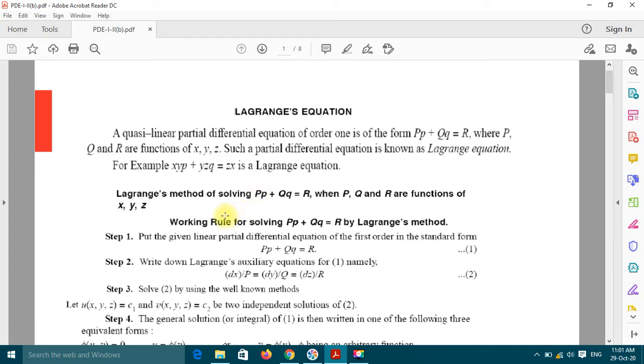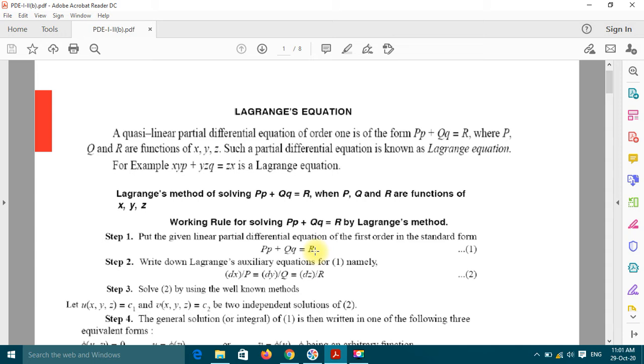There is a working rule for finding the solution of such Lagrange's differential equation, Pp plus Qq is equal to R. If you have a given partial differential equation, then you can put it into this form, Pp plus Qq is equal to R, compare it, and find the values of capital P, capital Q and capital R.